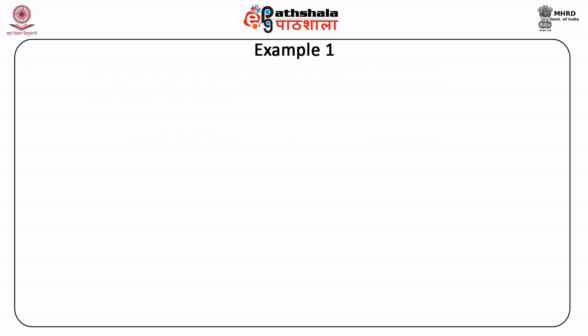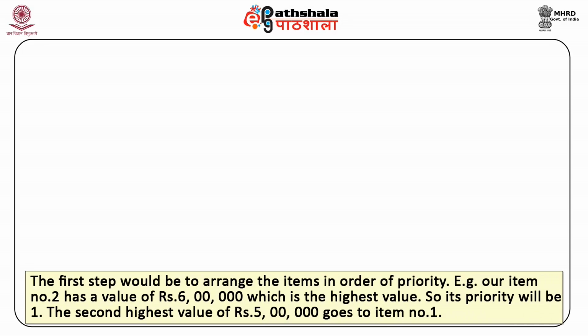Let us suppose that the following is the consumption of different items of inventory having the following values as given in the table. The first step would be to arrange the items in order of priority. For example, our item number 2 has a value of rupees 6 lakhs, which is the highest value.